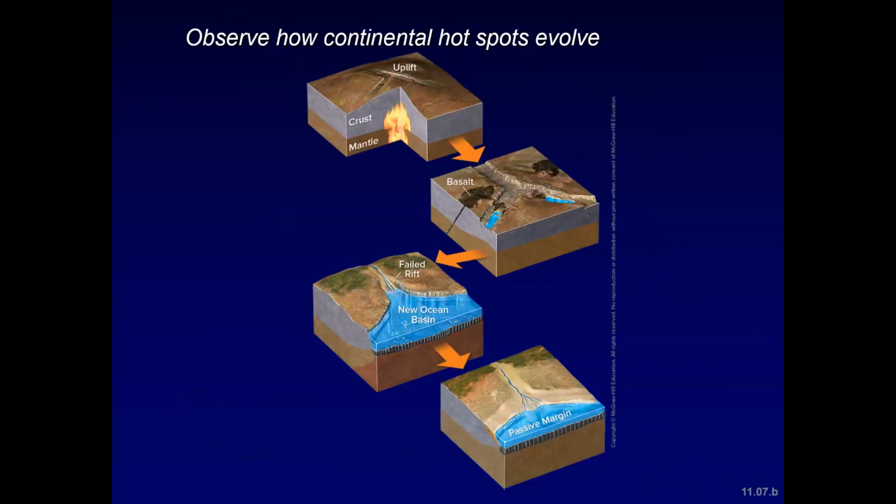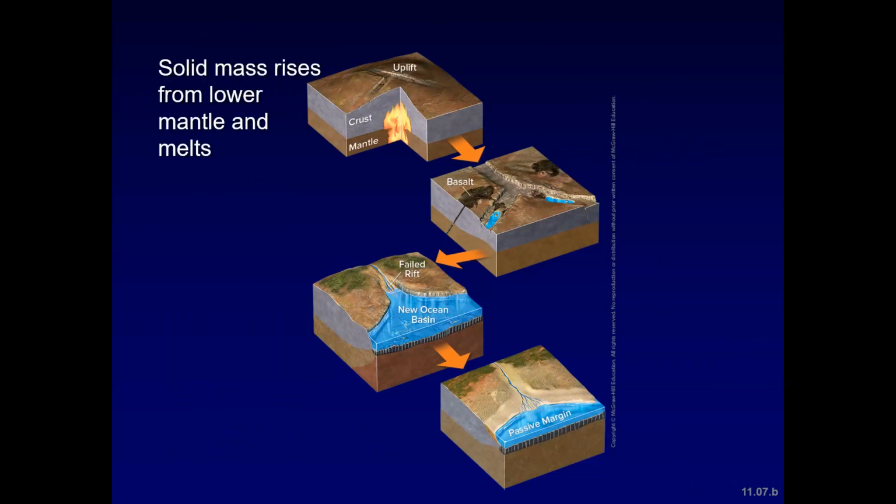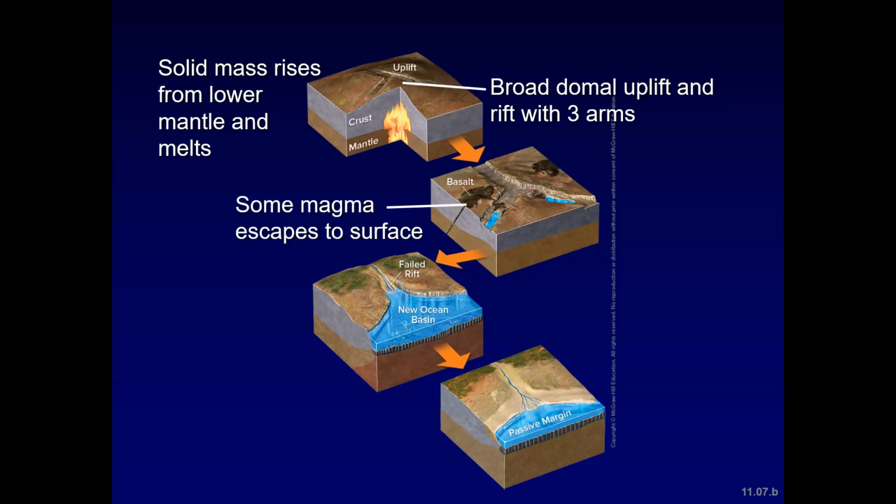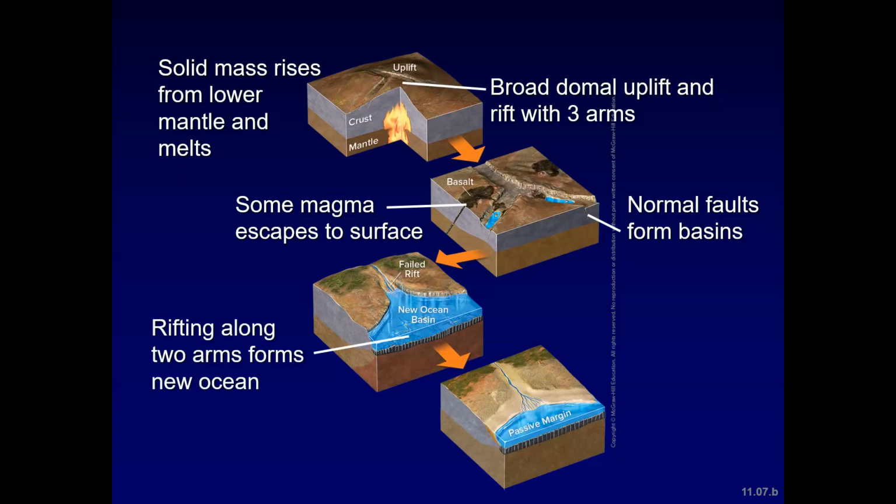Okay, so how do continental hotspots evolve? A solid mass rises from the lower mantle and melts. You get a broad dome uplift with 3 arms. Some of the magma escapes to the surface, and you get normal faults with extension forming basins.